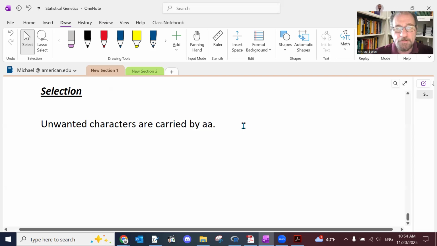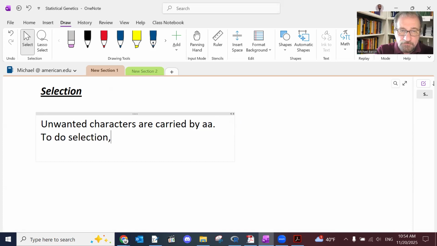So how can you intervene in the selection process? Well, simply, to do the selection, the AA species are not allowed to mate. They will not be mating. How to do it?